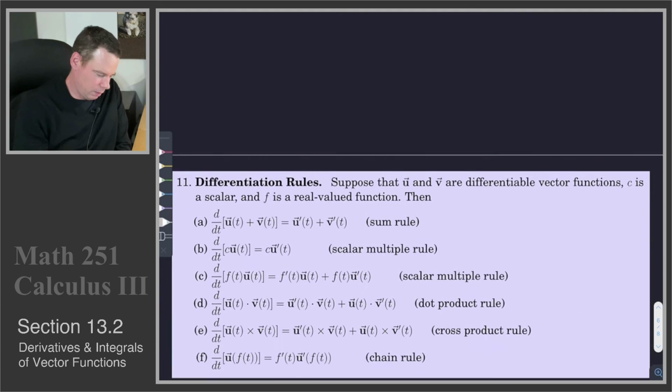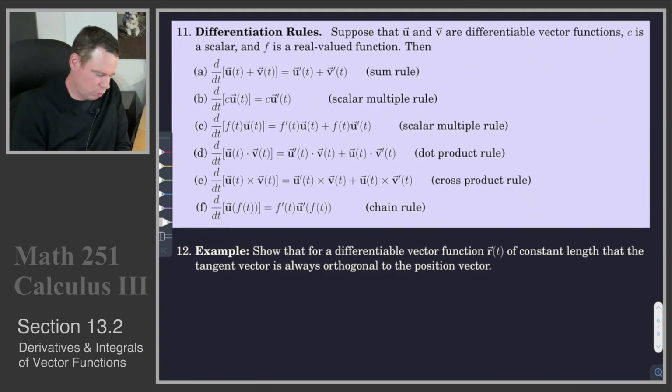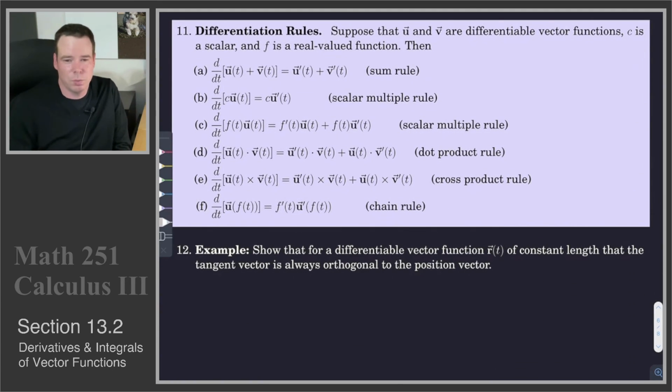Alright, let's have a look at some differentiation rules. Much like with Calculus 1, when we introduced the derivative, we had differentiation rules that helped us compute it. In this case, we also have differentiation rules for derivatives of vector-valued functions. The derivative of a sum is the sum of the derivatives. The derivative of a scalar times a vector-valued function is the scalar times its derivative.